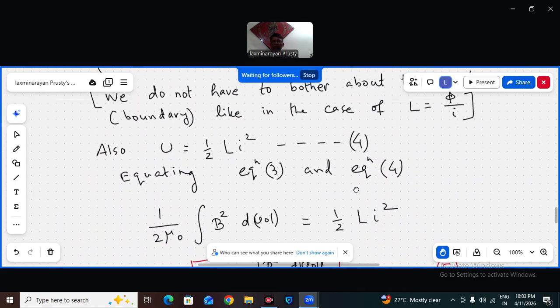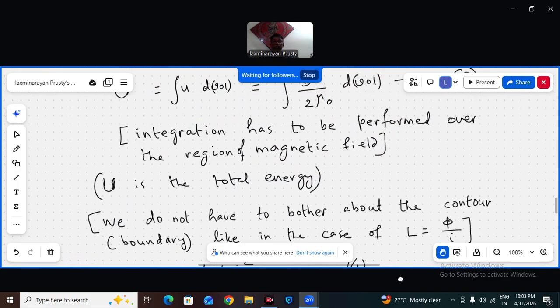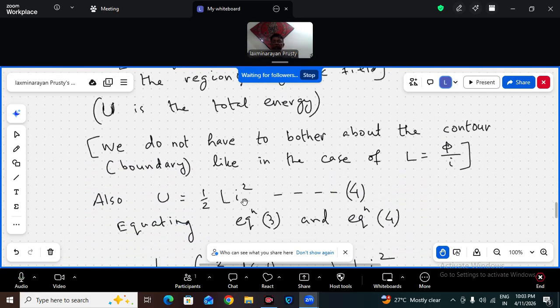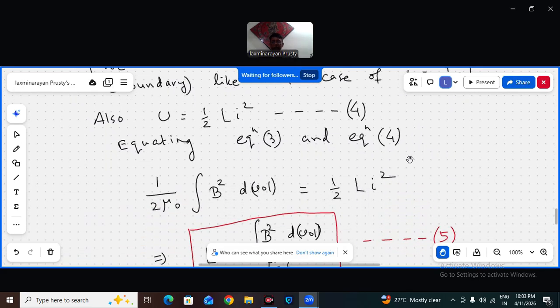Okay. And you also know, if L is the self-inductance, then the total energy of the coil will be half L into current square, I square. So equation 3 and equation 4 are the expression of the same physical quantity called total energy. So equate them.